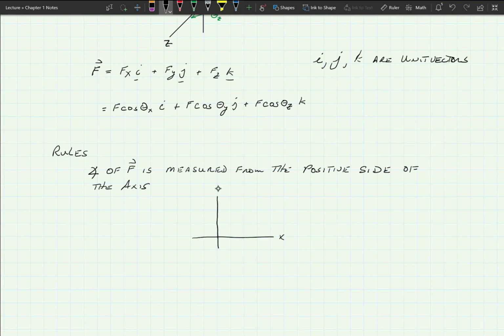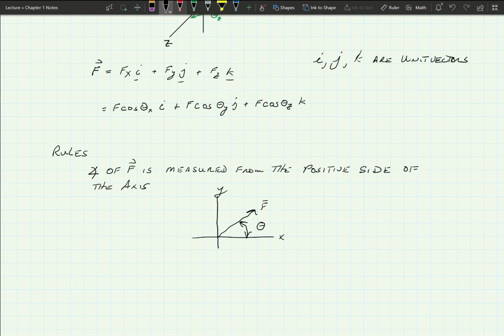So there's x, there's y. I put a vector here. Okay, it's this angle here, theta, that we're measuring. It's always going to come from the x all the way over. Okay, but let's do a different one.